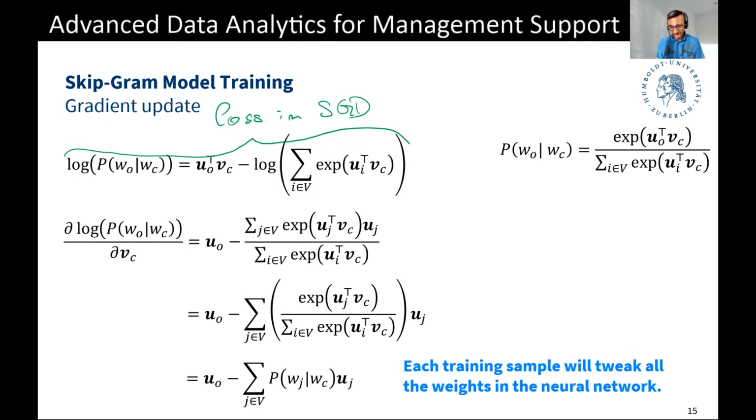If we play around with this equation and rearrange it a little bit, we can arrive at the formula that you see at the lower part of the slide: the embedding vector of a context word minus the sum that runs over the vocabulary of the conditional probability of seeing some word w_j given our central target word w_c, the word "not", multiplied by the embedding vector of word j from our vocabulary.